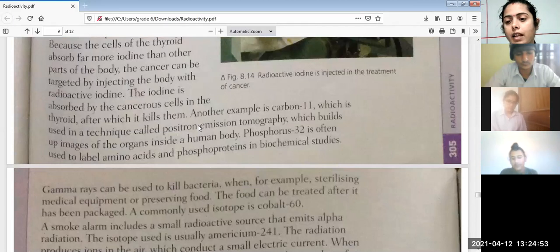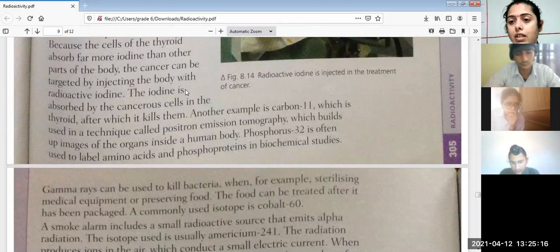If you have thyroid cancer, the thyroid is going to take the iodine, fine, more as compared to the rest of the body. So we pass on the radioactive iodine, which is emitting the radiations.